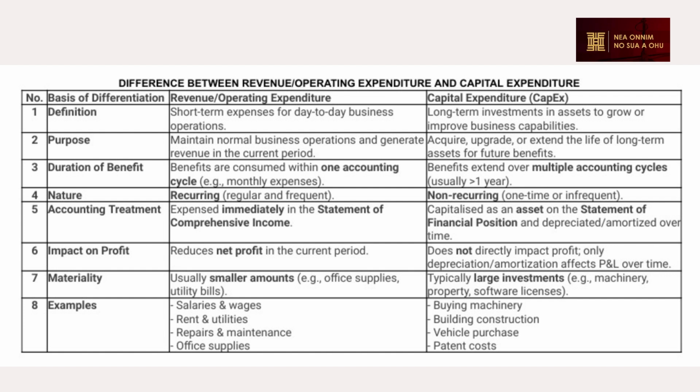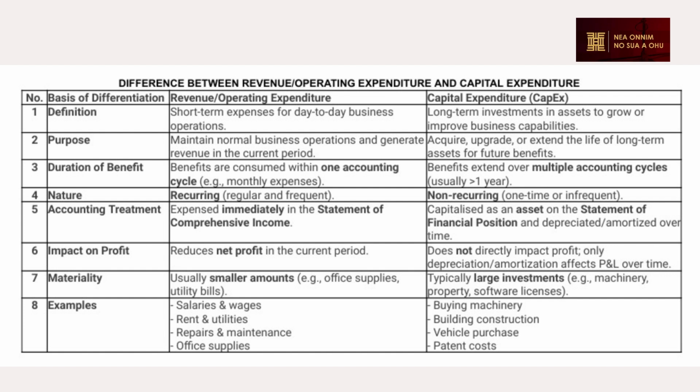Whereas revenue or operating expenditure have a direct impact on profit, where it will go into the statement of comprehensive income to reduce net profits, capital expenditure does not have a direct impact on profits.